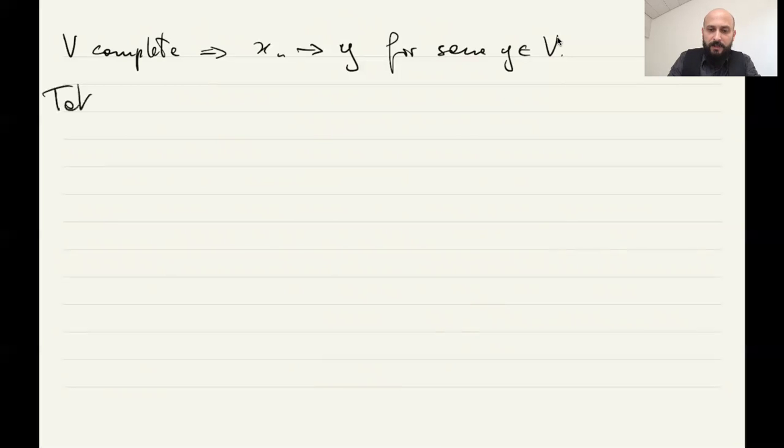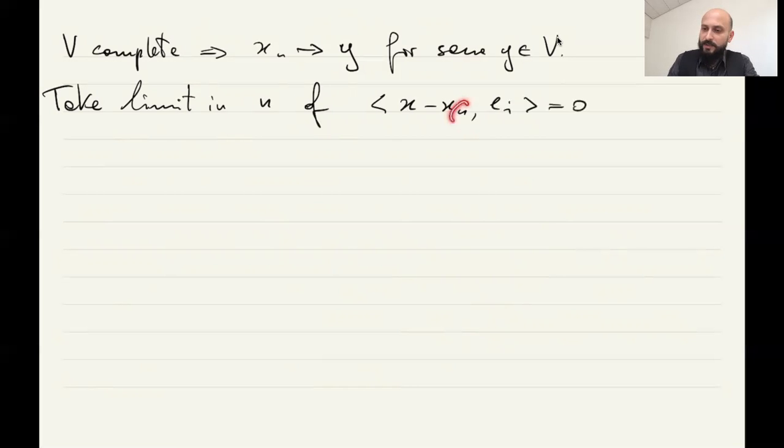So let's take the limit in n of the equation <x minus x_n, e_i> equal to 0, which is true as soon as n is greater than i. So fix i, take the limit in n, and we get that the scalar product <x minus y, e_i> is equal to 0 for all i.